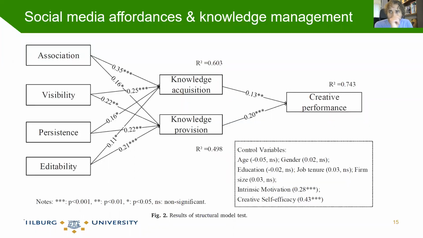So the first paper for today is not a very good paper, but it's a very recent paper that took the affordances of social media by Leonardi and connected them to how they allow employees to acquire and provide knowledge, and how that affects creative performance, as they call it.